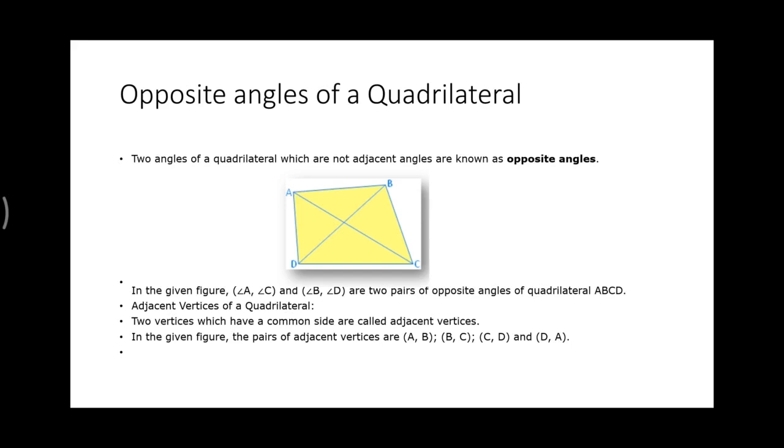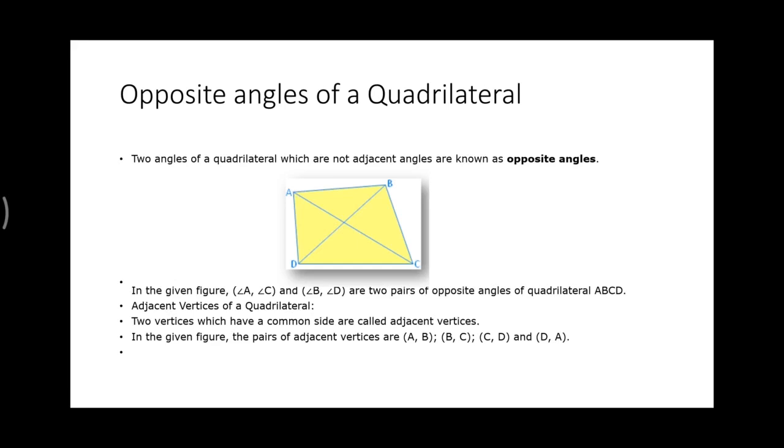Now this is our topic, opposite angles of a quadrilateral. Two angles of a quadrilateral which are not adjacent angles are known as opposite angles. So angles that are not adjacent we will call opposite, or the angle in the opposite direction is called the opposite angle. In the given figure you can see A is opposite of C and B is opposite of D. So that's why these are the opposite angles of a quadrilateral, and it is also written adjacent vertices of a quadrilateral.